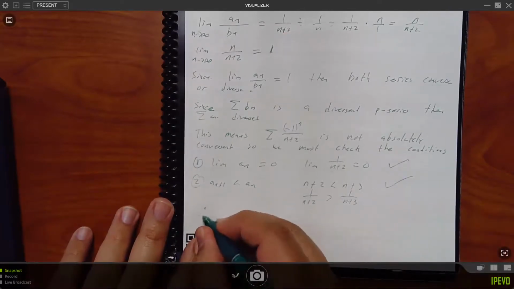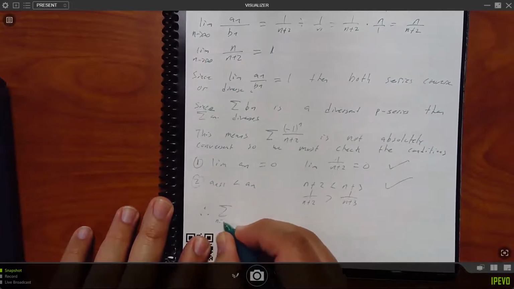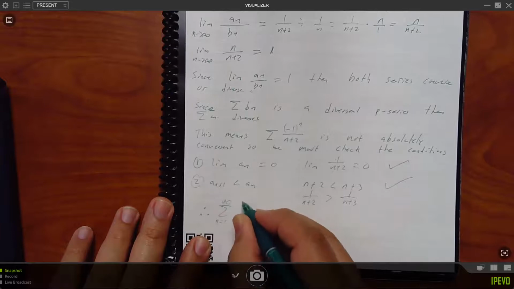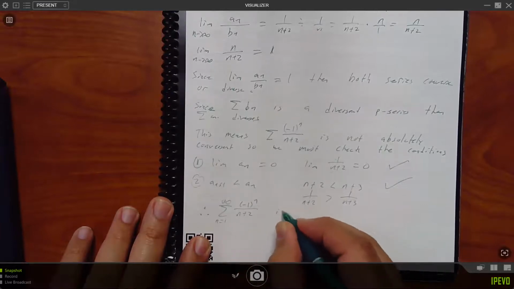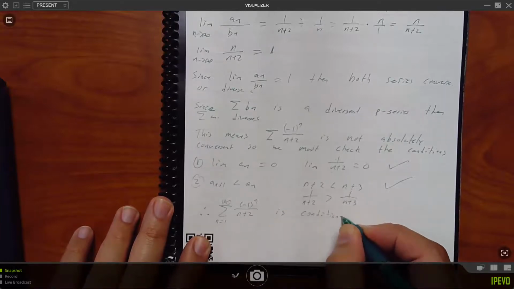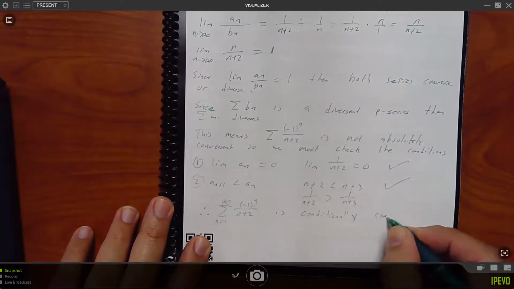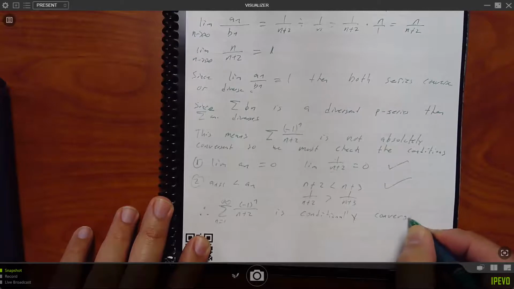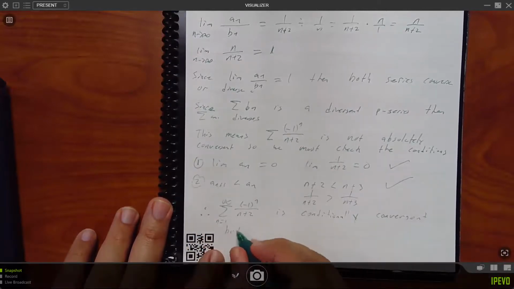So therefore, the original is conditionally convergent, but not absolute.